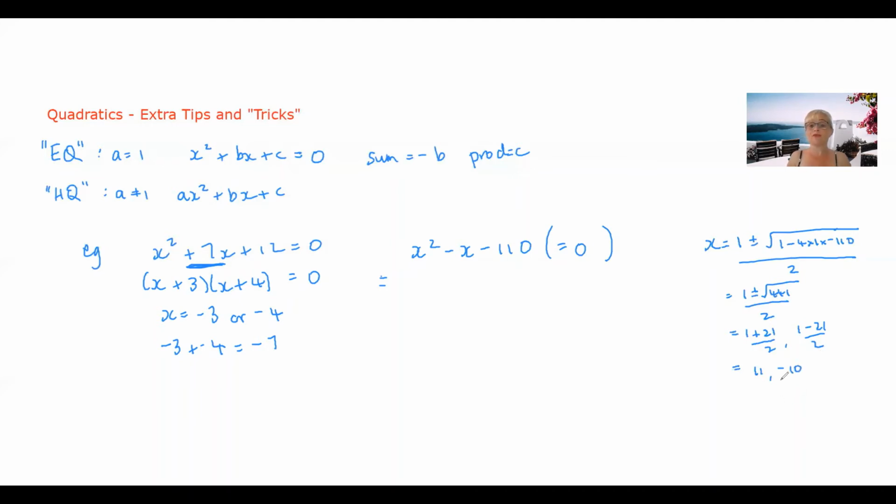How do you go from that to the factorised version? Well, we've said that x is 11 or x is -10. If x is 11, then x minus 11 is 0. If x equals -10, then x plus 10 is 0. So that can give us our factorised version there.